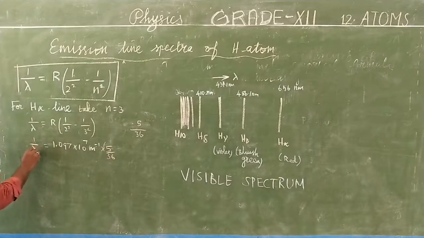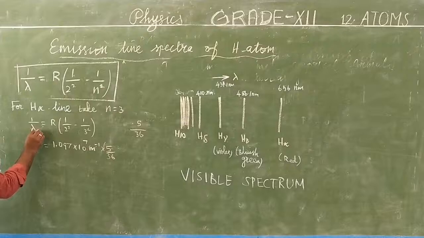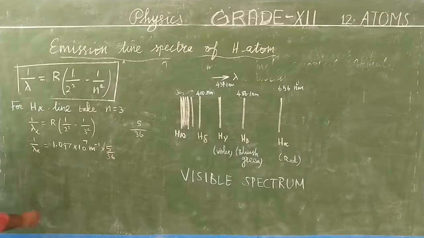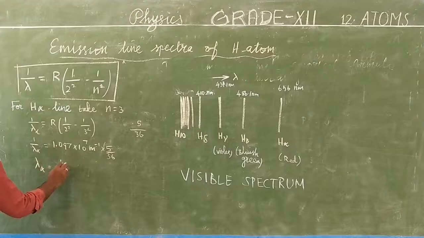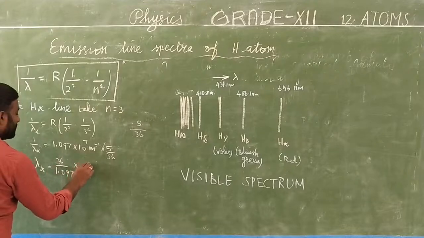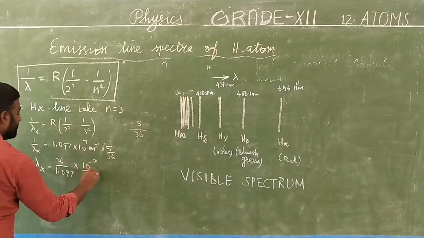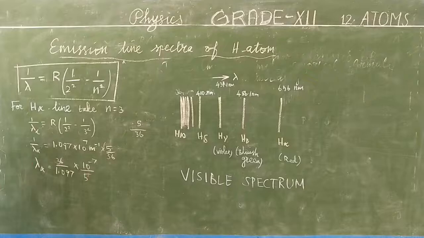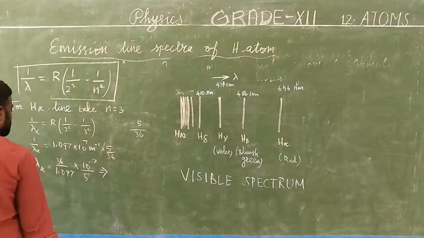But we want only the wavelength of the H alpha line. So take the reciprocal on both sides. The wavelength of the H alpha line is equal to 36 by 1.097 into 10 to the power 7 into 5.